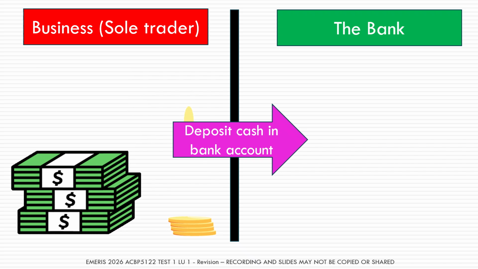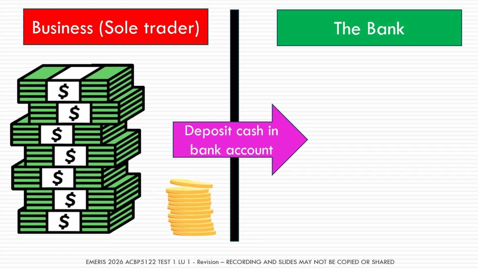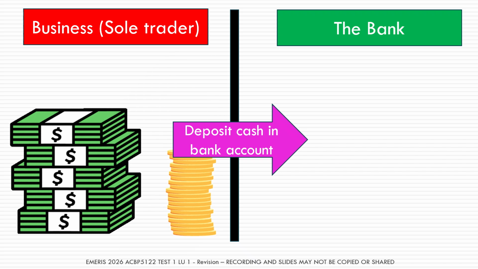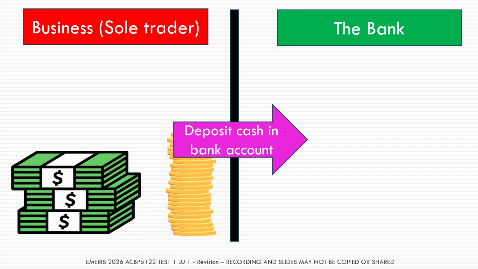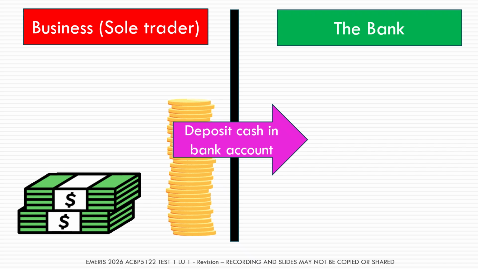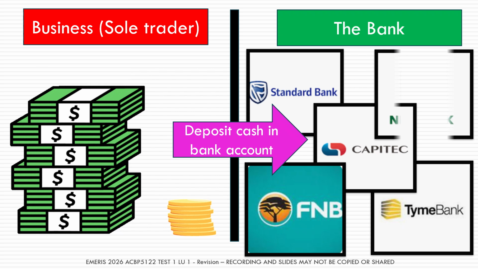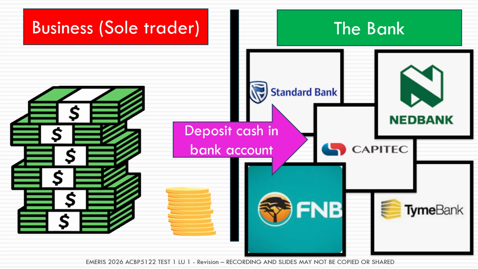At the same time, the sole trader will also have a bank account. And in this bank account, they will deposit all their spare cash and they will make payments from the bank account. And this bank account can be held at any of the big South African banks.